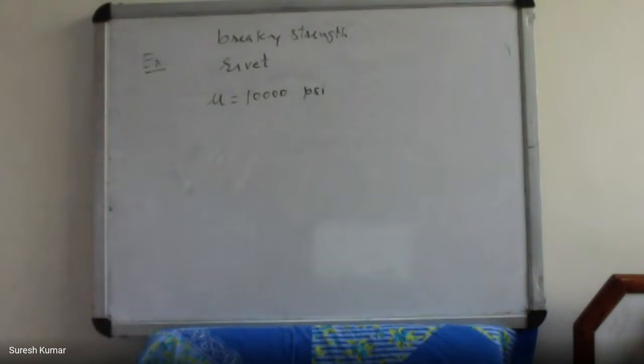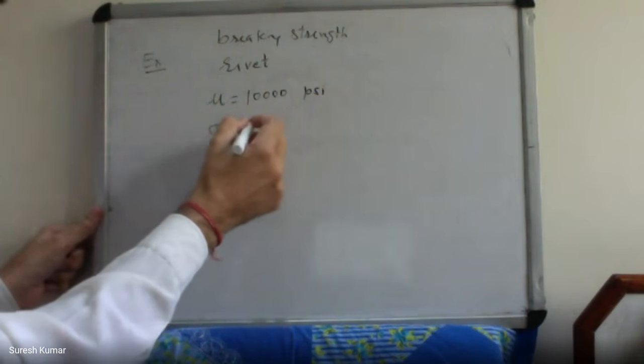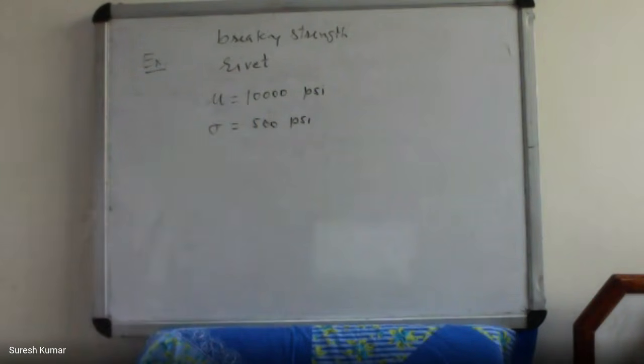It is a term related to civil engineering. The breaking strength of a rivet has a mean value of 10,000 psi and a standard deviation, sigma, of 500 psi.